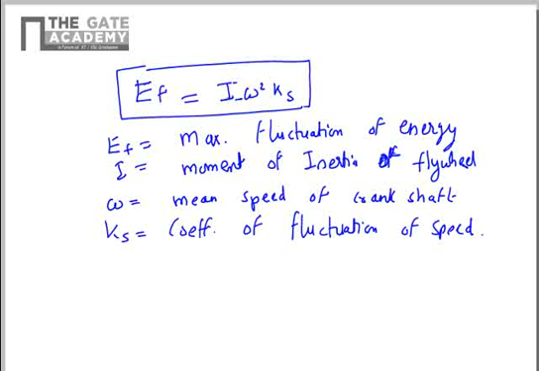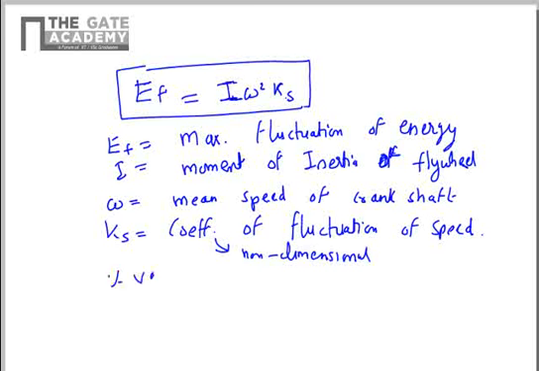But from the formula itself, you can see that I omega square is somewhere near the mean kinetic energy of the flywheel. So mean kinetic energy multiplied by coefficient of fluctuation of speed is equal to the maximum fluctuation of energy. The coefficient of fluctuation of speed is a non-dimensional quantity, in some percentage.